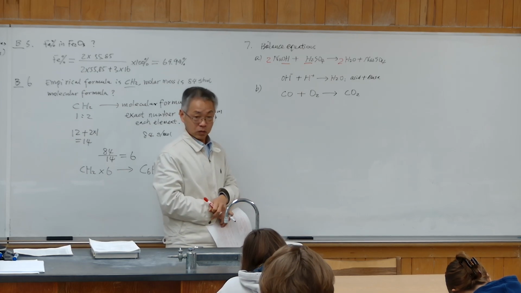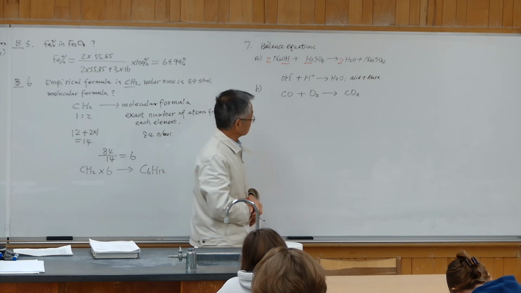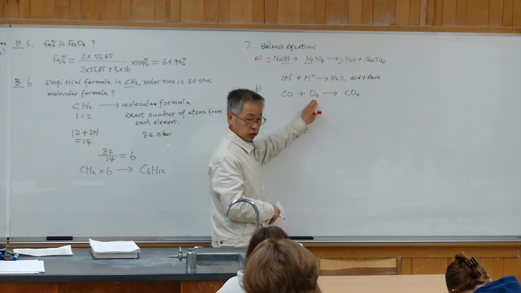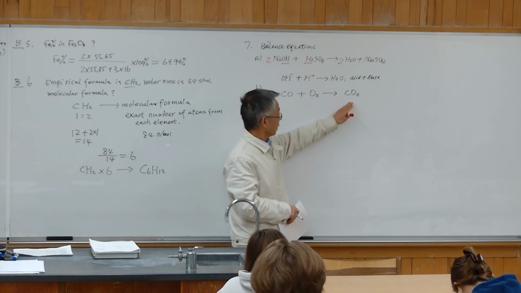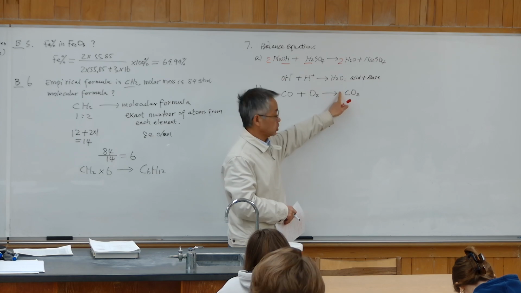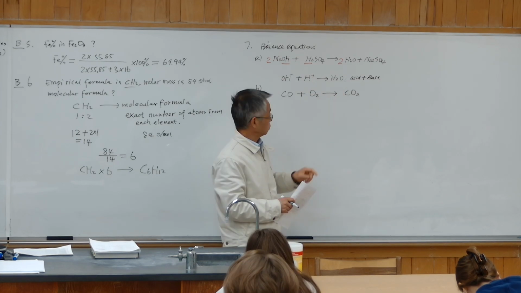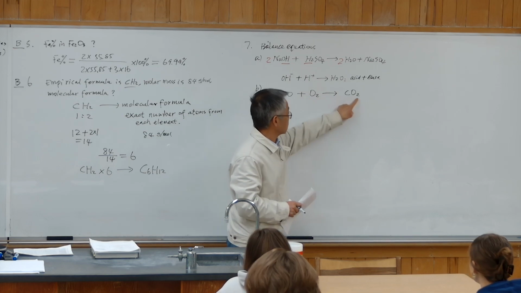Then we have to work on oxygen. To work on oxygen, the trick is this is one oxygen, this is two oxygen, an odd number, right? On the right side, O2, whatever number you change in front. Again, balancing equations, the rule is you can only change the number in front. You cannot change the subscript number.